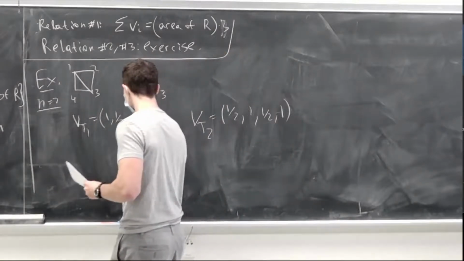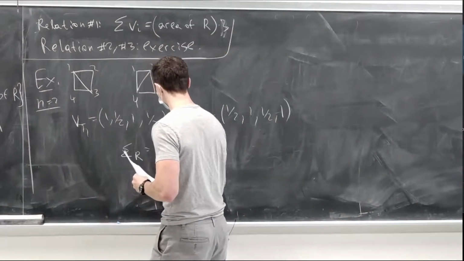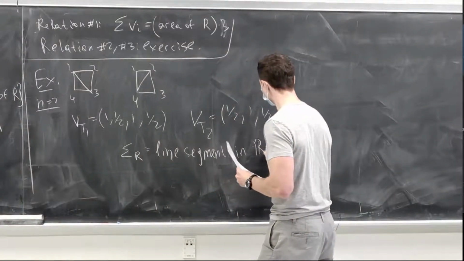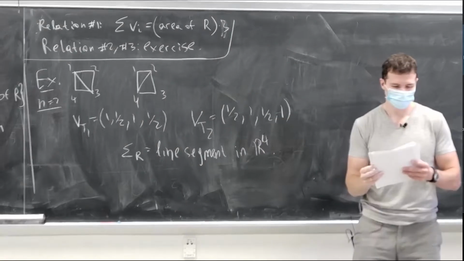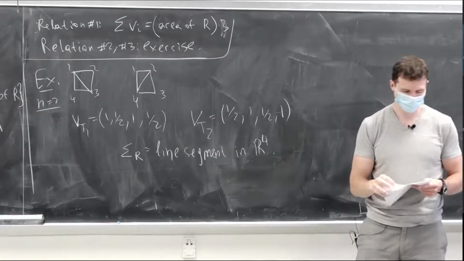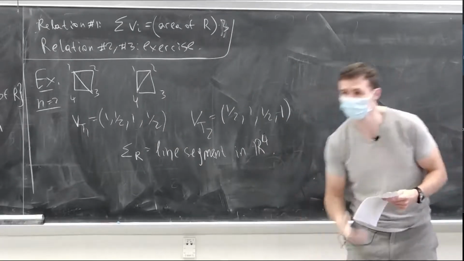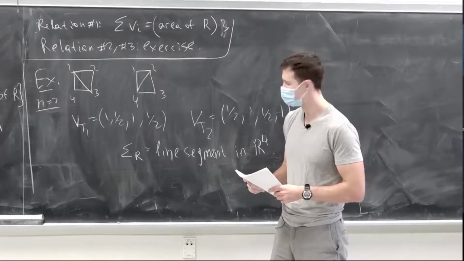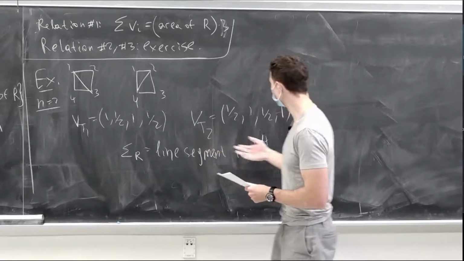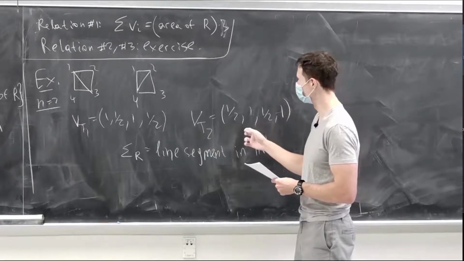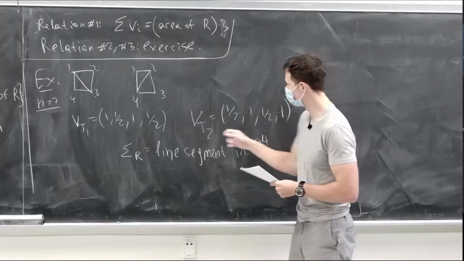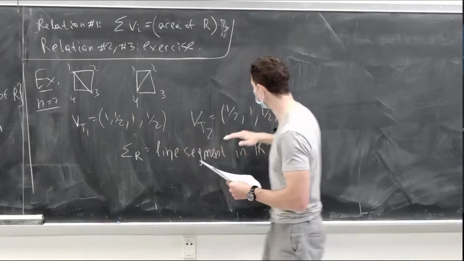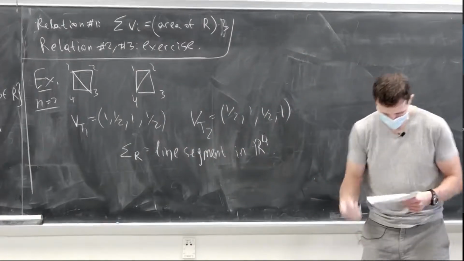Sigma r is a line segment in R^4. You can try to come up with the relations. You can check that the sum is the same, but whenever you have some linear function, you can check that at least it's the same on these 2 vertices. All right.